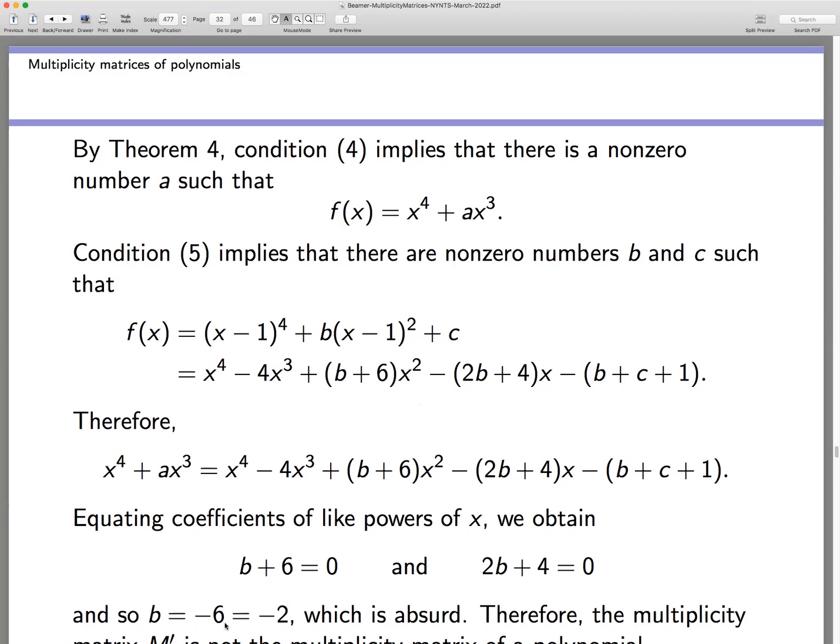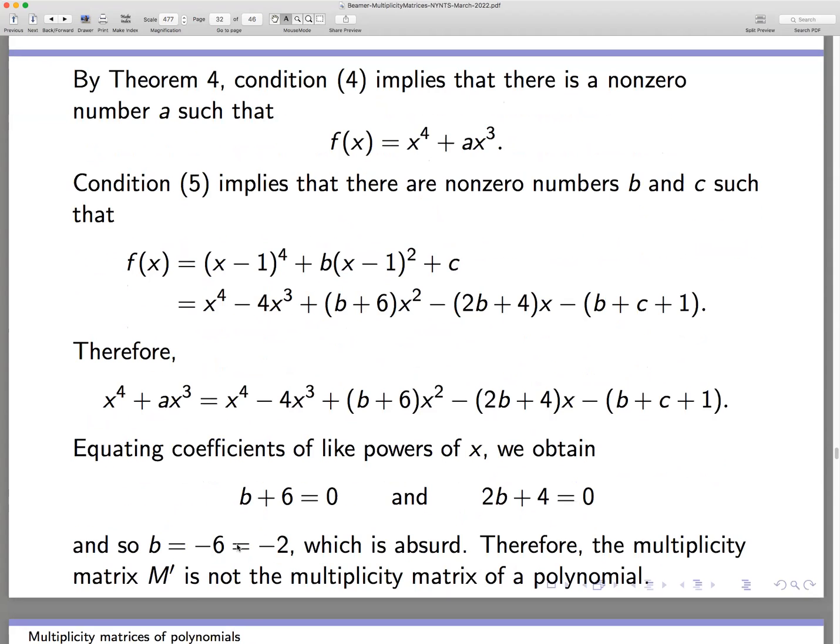So we've proved that minus 6 equals minus 2. So you have 2 choices. You can either say we have proved that minus 6 equals minus 2, or you can say that's absurd, and therefore the assumption that the matrix I wrote down is the multiplicity matrix of a polynomial is false.